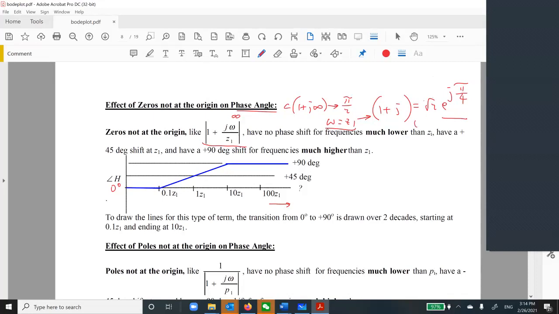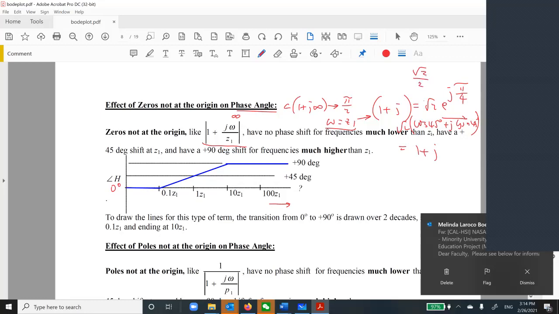Because cosine 45 plus j sine 45, times the square root of 2, gives you 1 plus j, because cosine 45 is half the square root of 2.